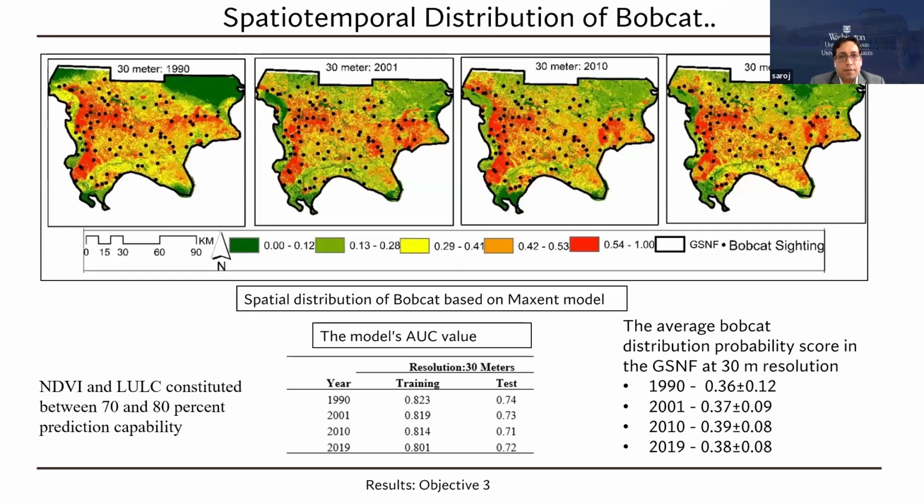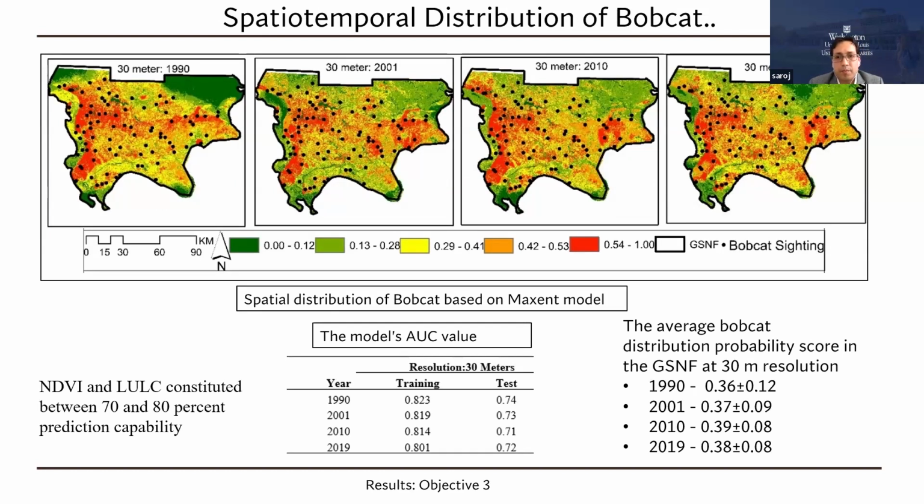This is a map of the spatial distribution of bobcat, mostly seen in forested area, followed by some in agricultural area. Different literature also suggests that bobcat likes dense forest over other land use types.